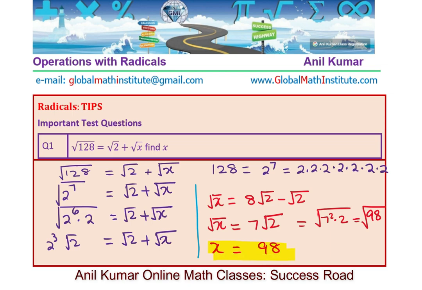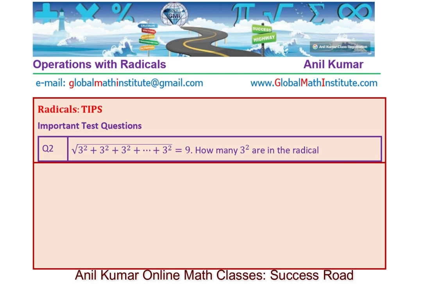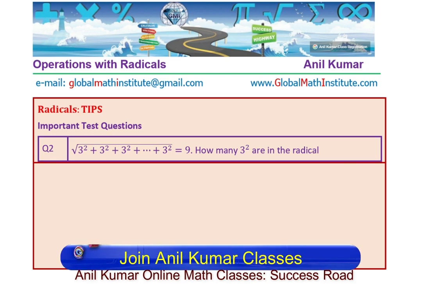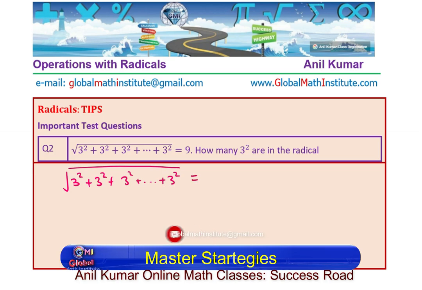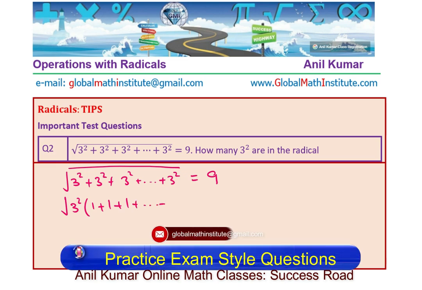Now let's take the second question here, which is we have the series of 3 square plus 3 square plus 3 square plus so on, right? And we want that total to be equal to 9. So obviously what we could do is just take 3 square common, and so we get 1 plus 1 plus 1 plus so on plus 1, right?